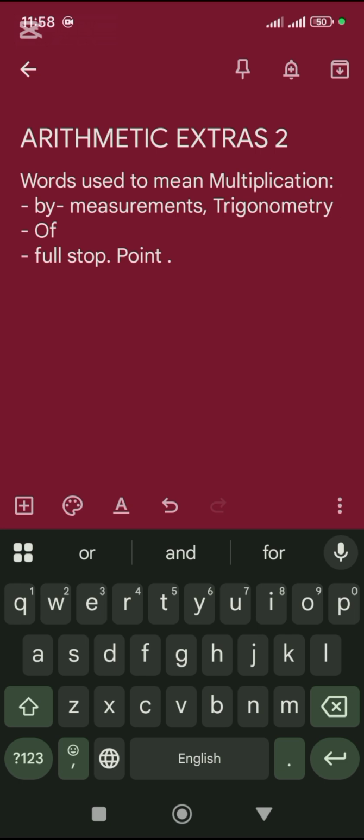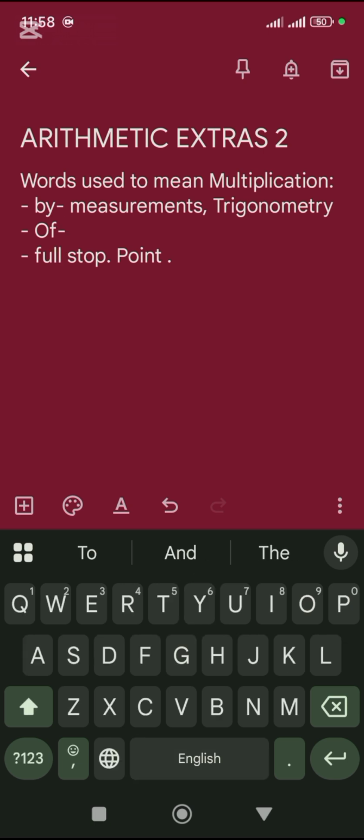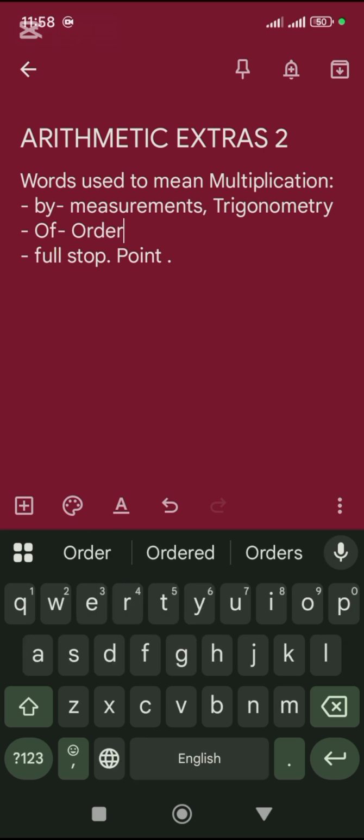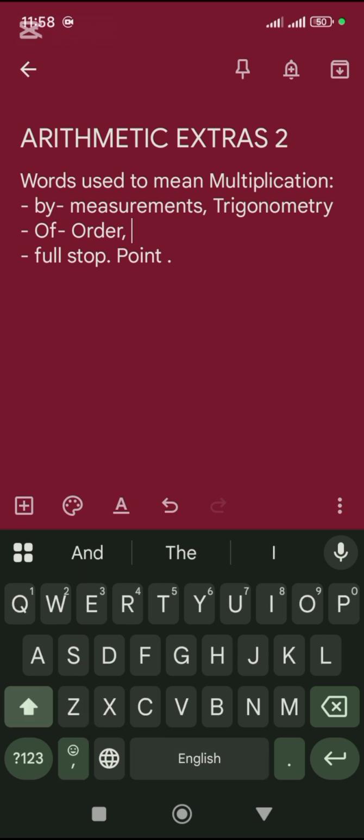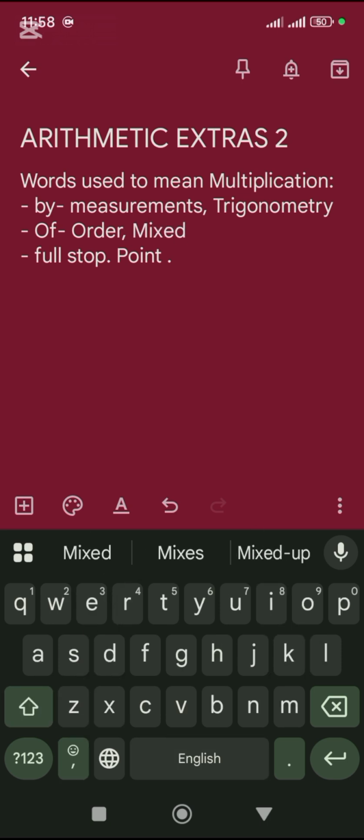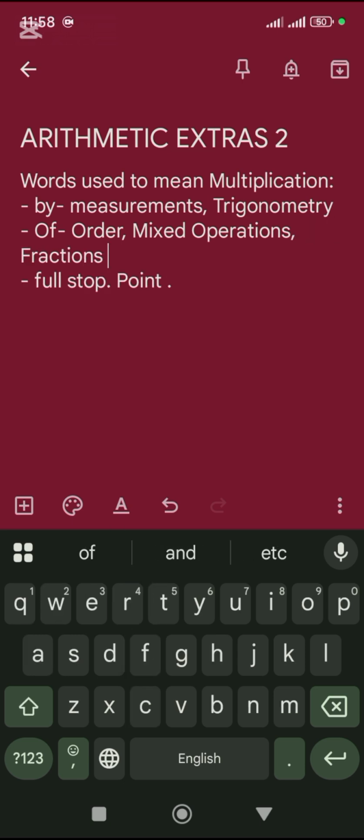And "of" is in order. You usually see it in BODMAS. It occurs also in mixed operations and fractions, and so on and so forth.